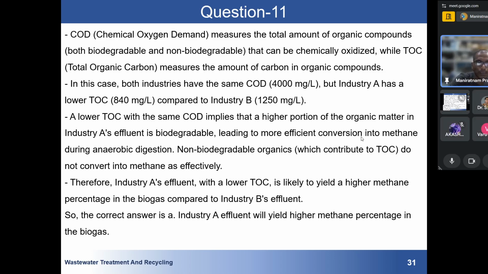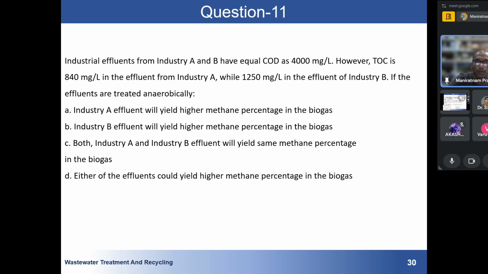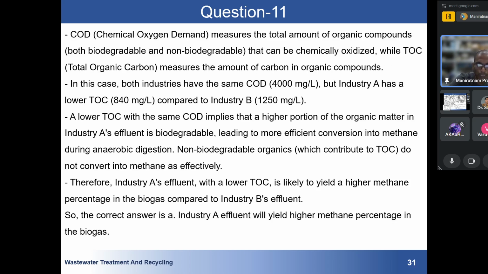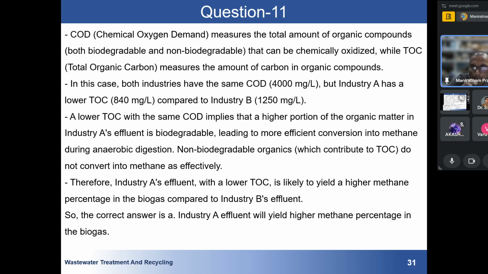I will hold on to this question because I have to recheck it. I don't know why I have written this. Correct answer is A. A lower TOC with the same COD implies a higher proportion of biodegradable matter.